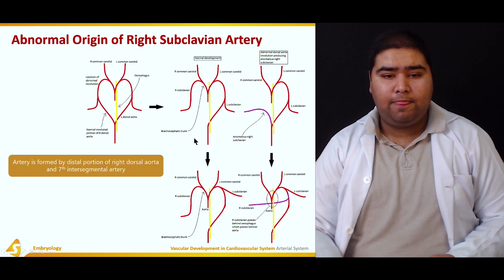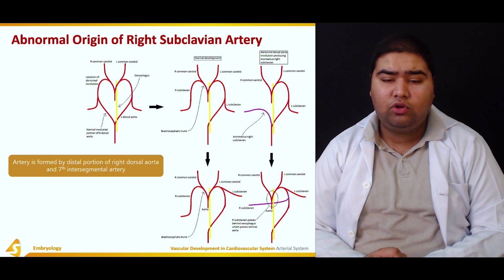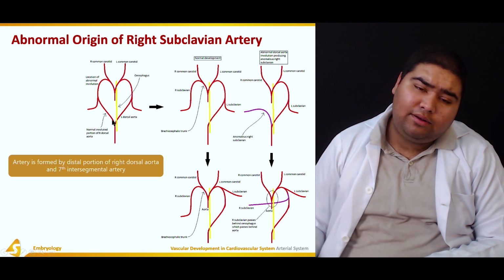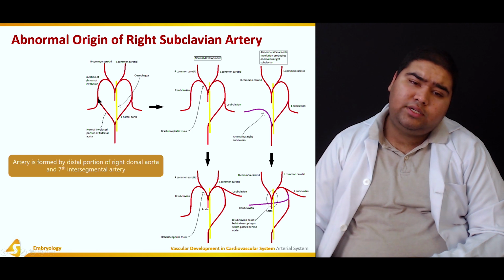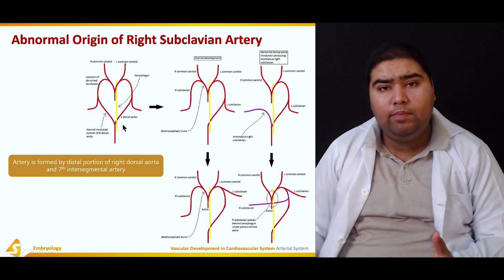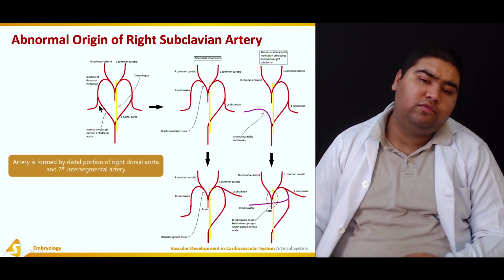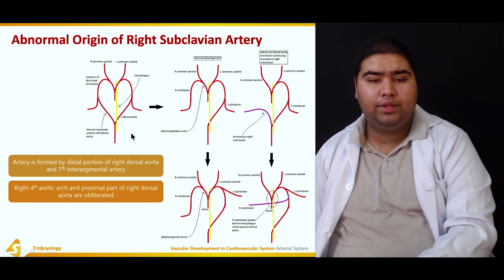Now let's see. The artery is formed by the distal portion of the right dorsal aorta and the seventh intersegmental artery. So this portion that lies between the seventh intersegmental artery and the distal portion of the right dorsal aorta, which was supposed to obliterate, now persists, and this portion forms the right subclavian artery.